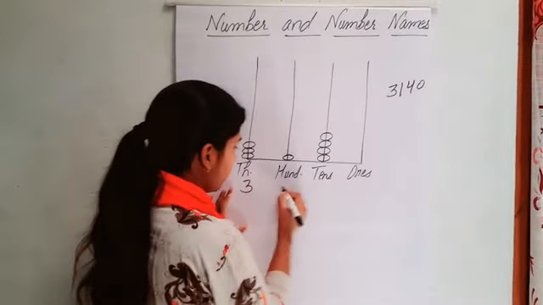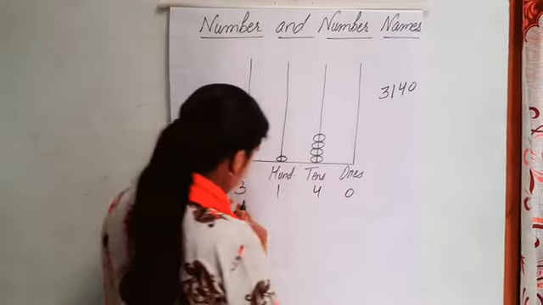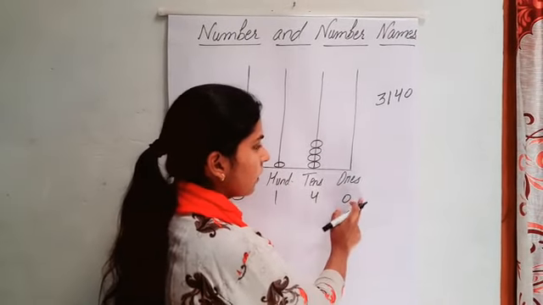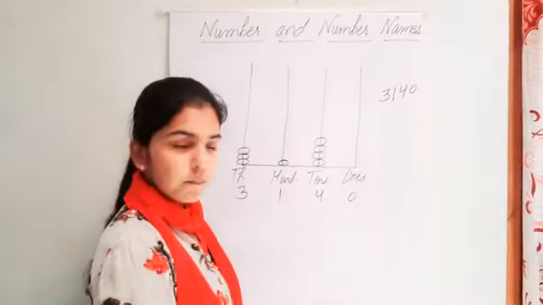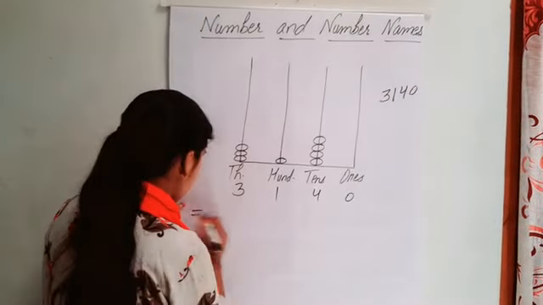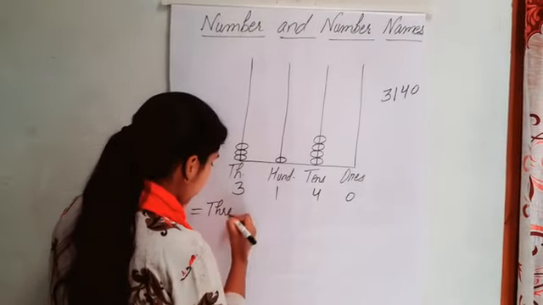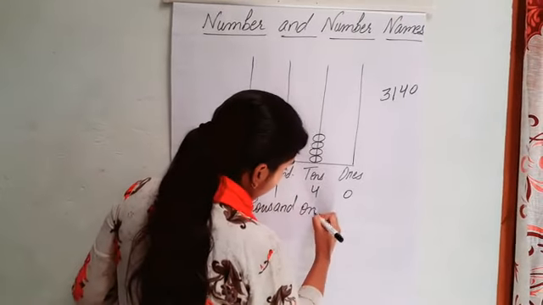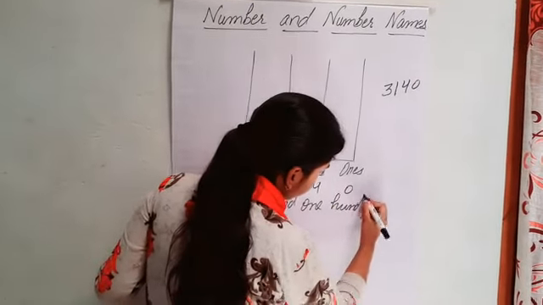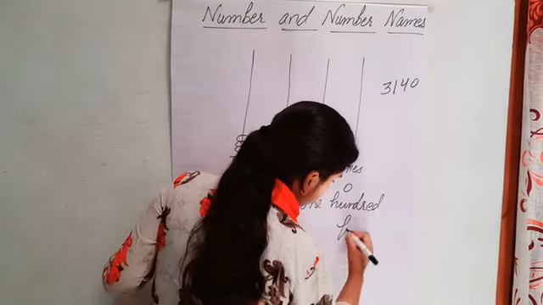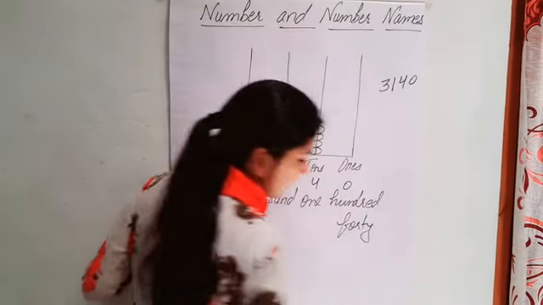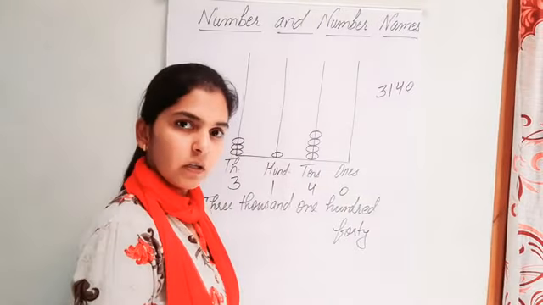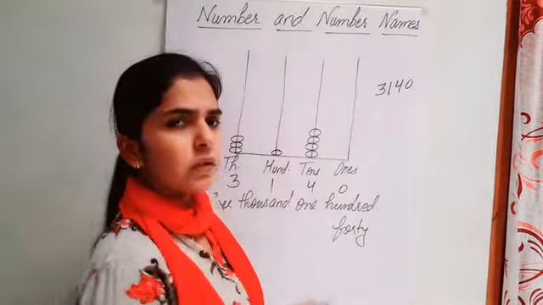So the number is 3 thousand, 1 hundred, 4 tens, 0 ones. Okay. So the number name is 3,140. Right? The name of this number is 3,140.